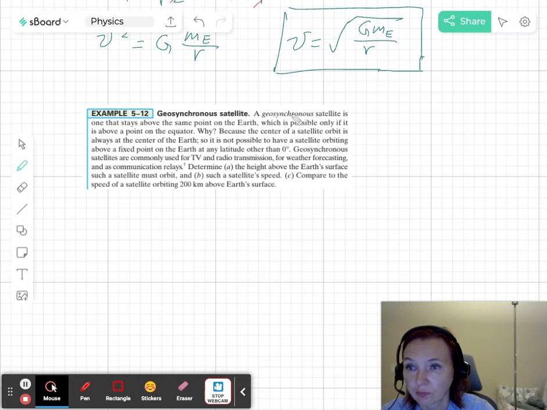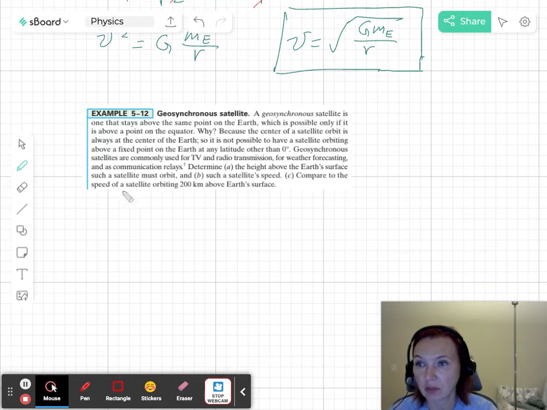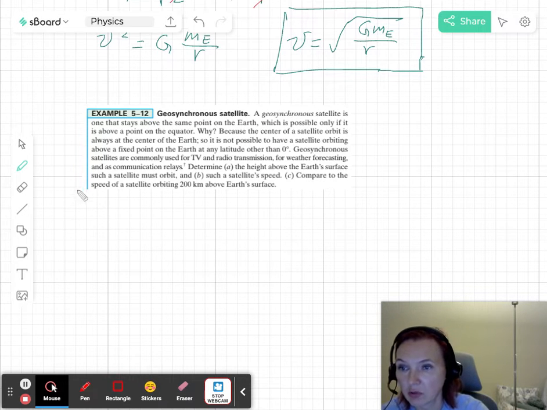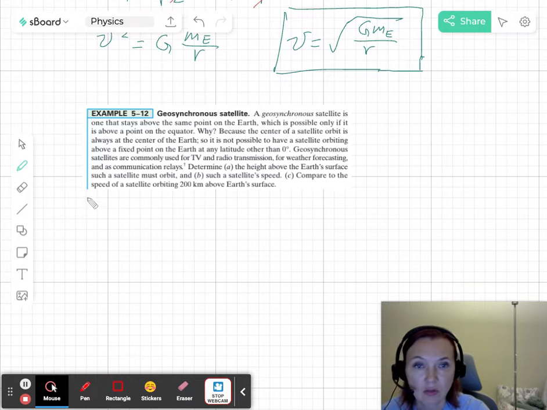So the questions are: part A, determine the height above the Earth's surface of such a satellite. Part B, find the satellite speed. And part C, compare to the speed of a satellite orbiting 200 kilometers above the Earth's surface.